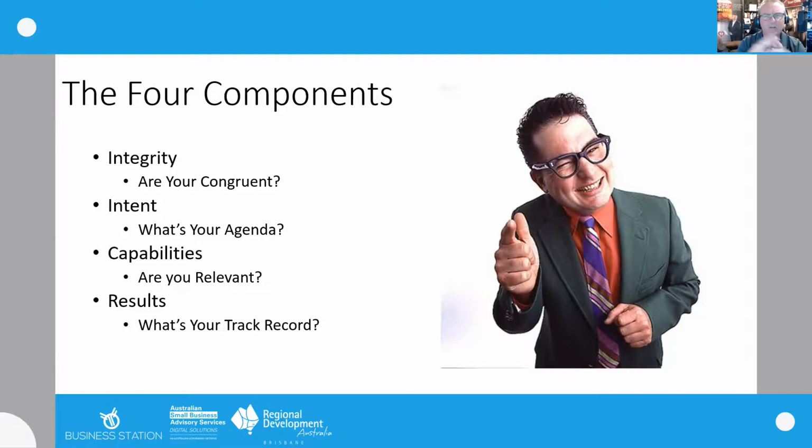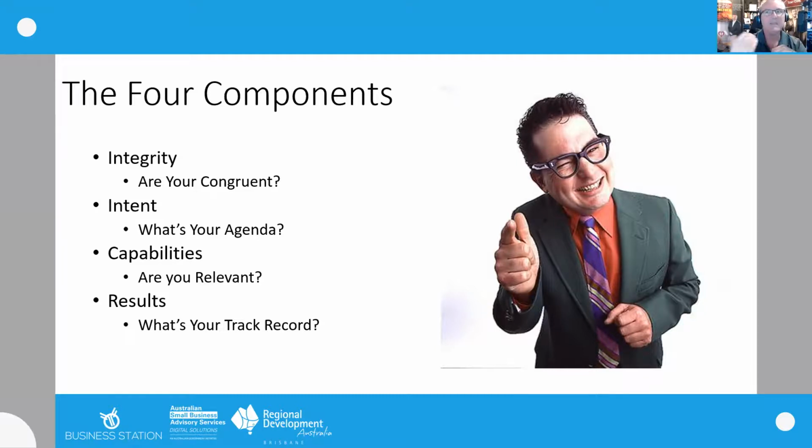Now, the last 2, the capabilities and results, are what people see. So do I have the skills necessary to be relevant in the situation or what the person is looking for? And then fundamentally, what are my results in this particular area? So what's my track record? Because they are some of the capabilities that we will be able to build trust.